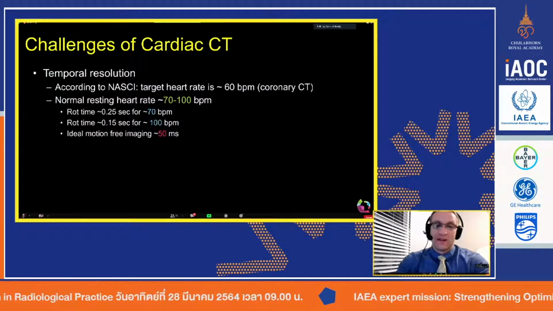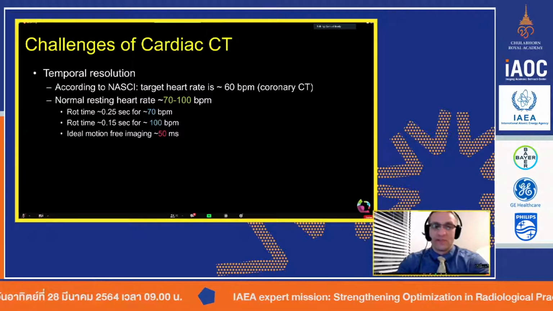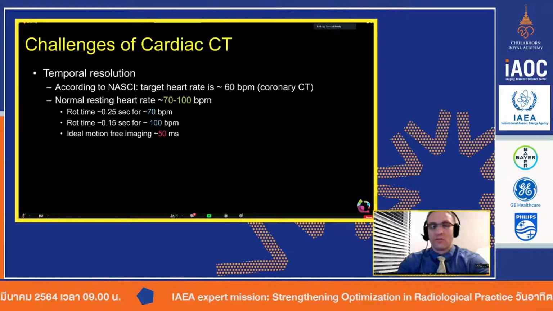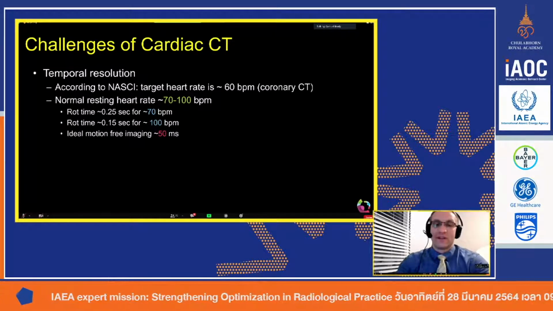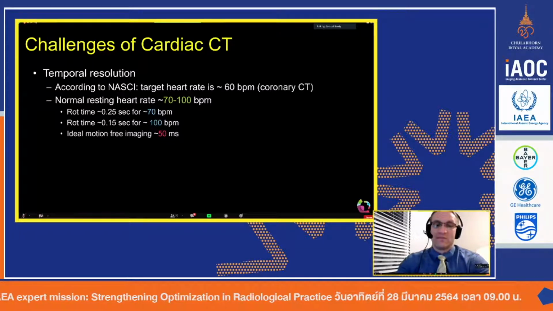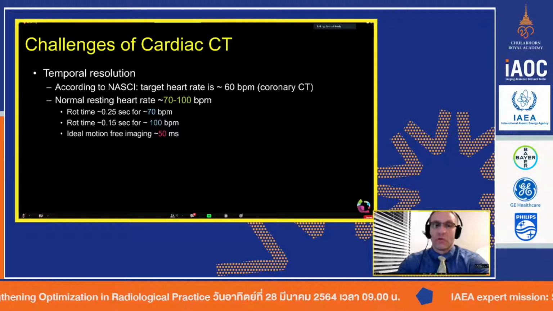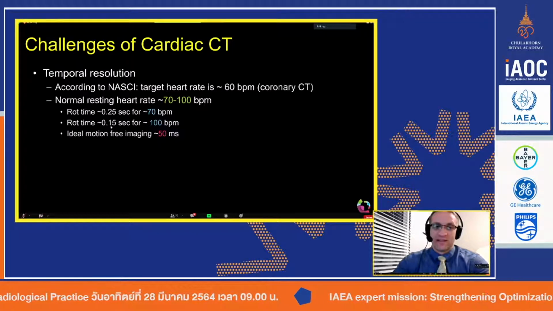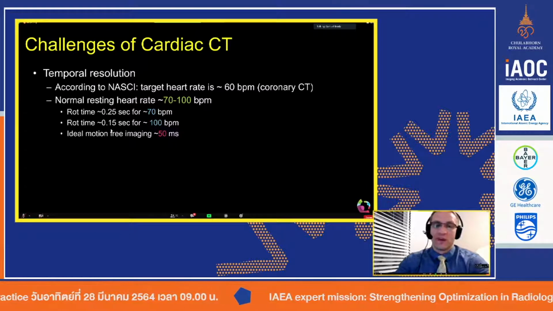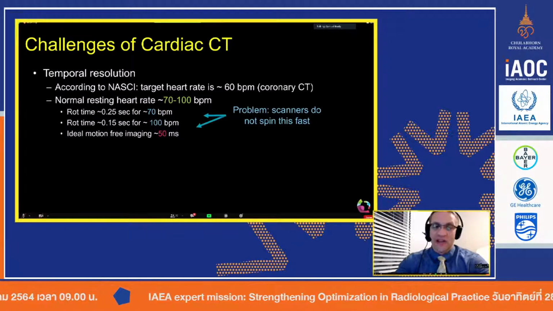And if you want perfect, ideal, completely motion-free, crisp, clean margins, you need to be imaging at approximately 50 milliseconds, which is not even possible. So it's 0.05. If we can do 0.25, 0.05 is not even close. So most scanners can't do this.